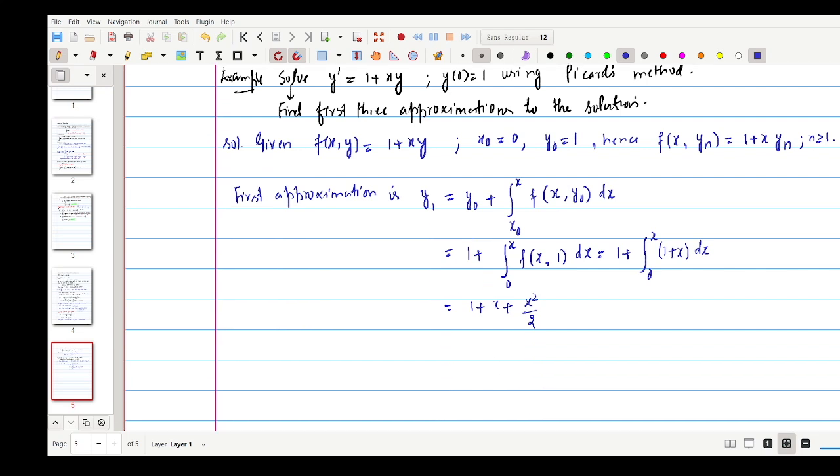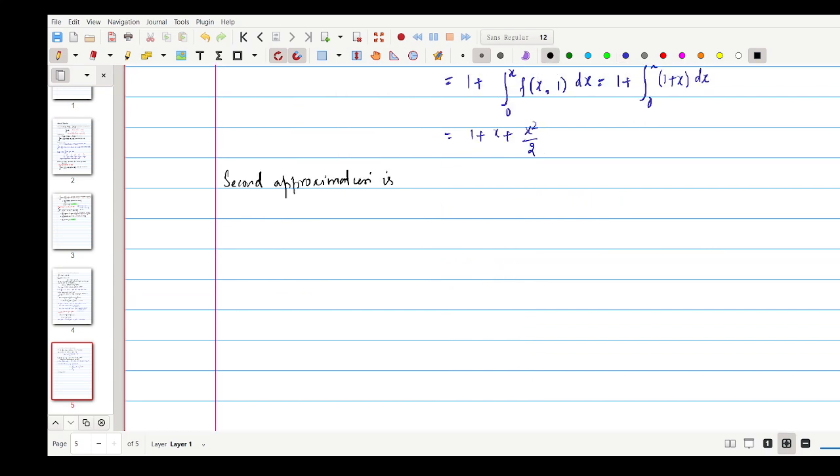Now let's move towards the second approximation, which we shall denote by y2, which is by definition equal to y naught plus integral x naught to x f of x, y1 dx. So this is equal to y naught plus integral x naught to x, now f of x, y1, that is equal to 1 plus x into y1 dx.